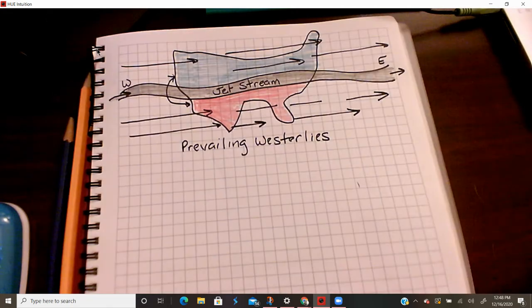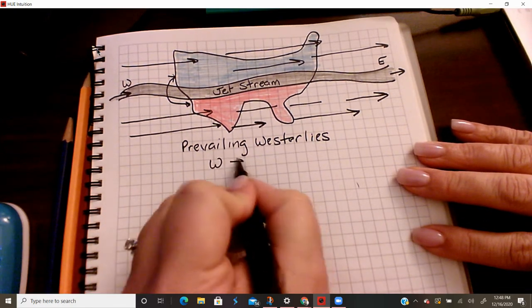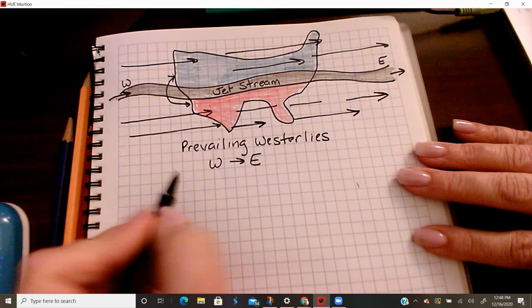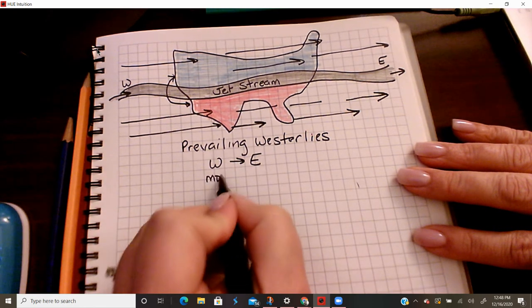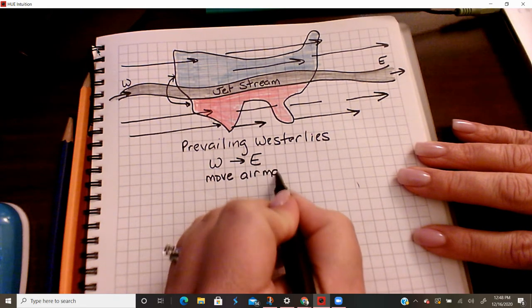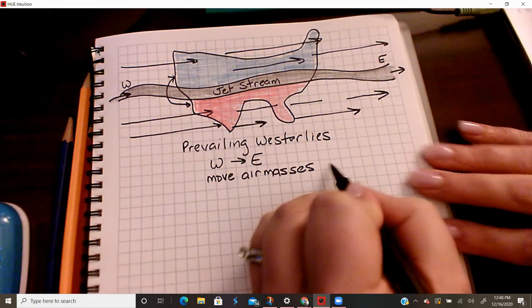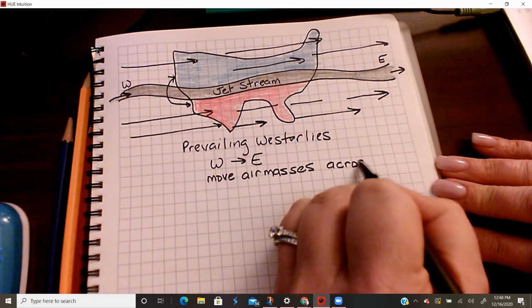The prevailing westerlies always blow from west to east. They move air masses, which is just a big hunk of air that is the same temperature, across the United States.